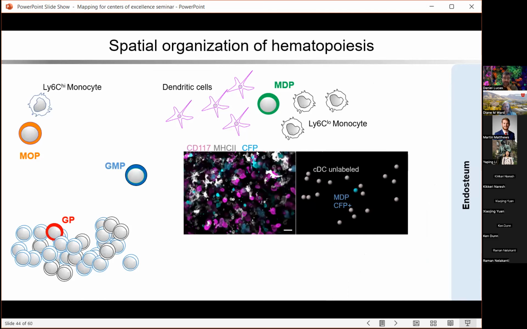And if we do Confetti analysis, what we see is that there is no clonal relationship between the progenitor and the surrounding cells, telling us that either cells are recruited from elsewhere, or much more likely that the output of these cells is much lower than that of neutrophils, and that's well established in the literature. And each of these progenitors is going to generate one mature dendritic cell.